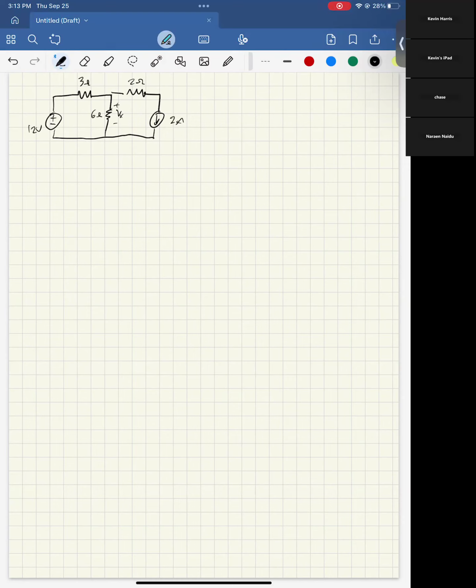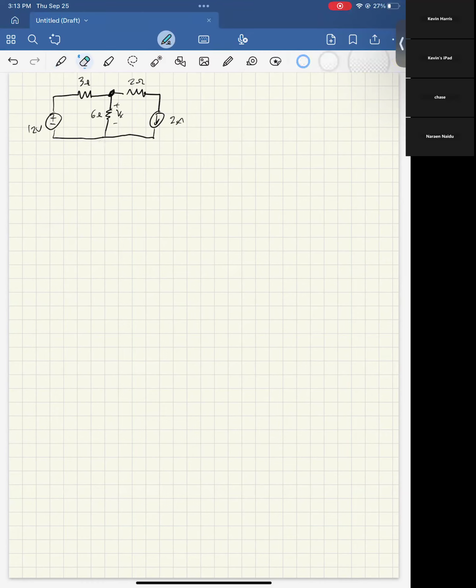The reason that I said I kind of feel like superposition is something you don't need to remember that much is because in this case, me personally, I would just do node voltage here because it's straightforward. It's one equation and you could find Vx.